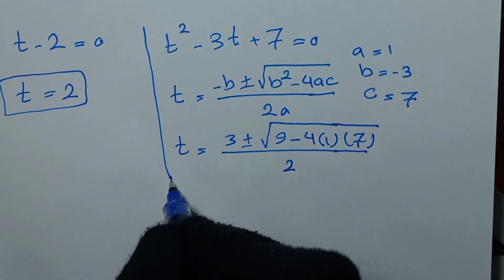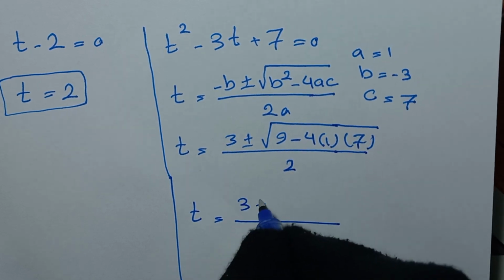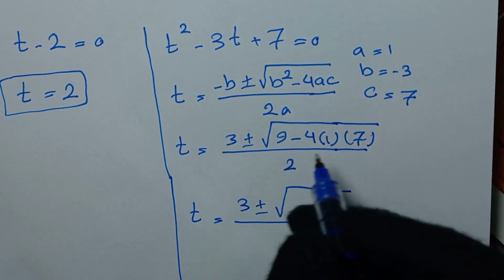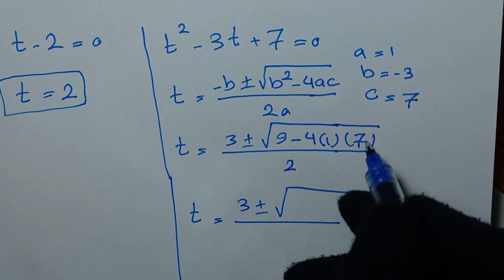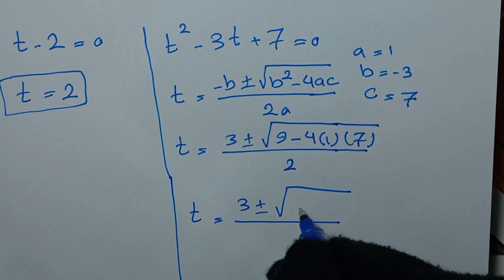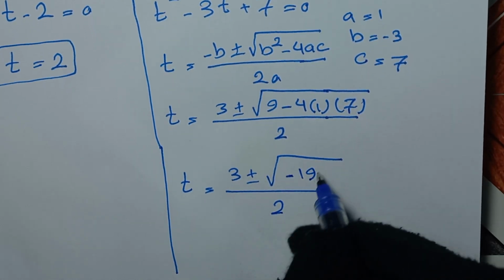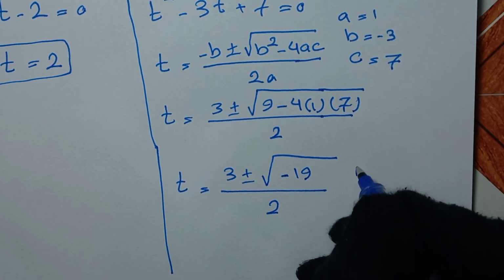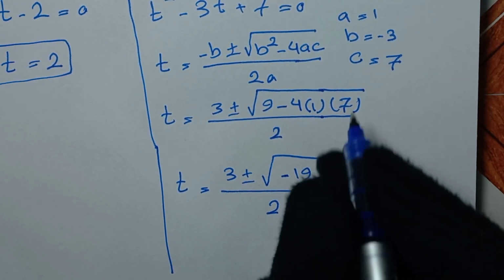So 4 times 1 times 7 is 28, and 9 minus 28 is negative 19, over 2. And here, negative 19 is less than 0, so the discriminant is less than 0. Here, we have no real solution, so we reject this answer.